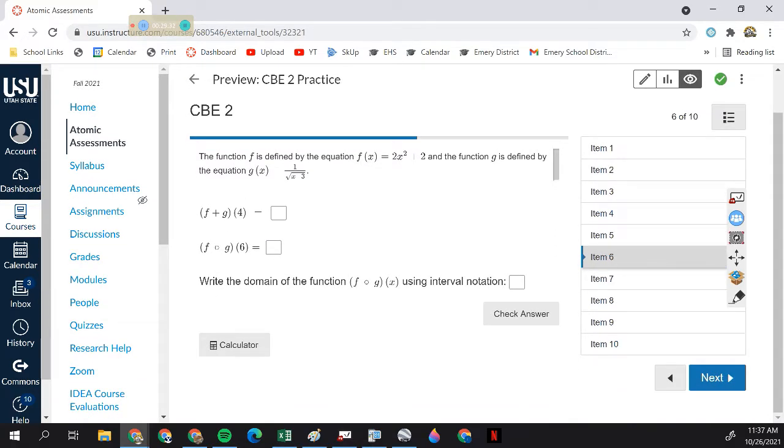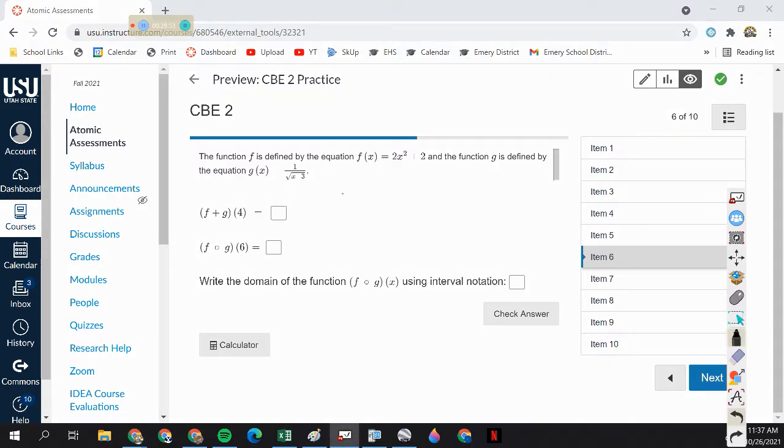So the function f is defined, f of x is 2x squared plus 2, and the function g is defined by g of x equals 1 over the square root of x minus 3. So it wants me to find what is (f plus g) of 4. Now there are two ways to do this.